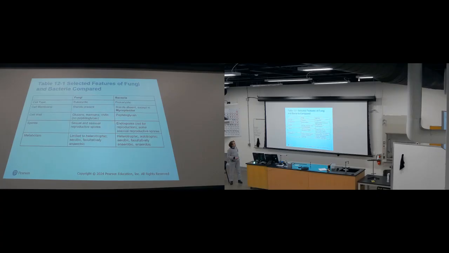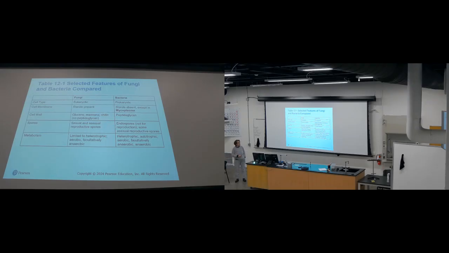If you compare the characteristics of fungi and bacteria, in terms of the membrane, fungi have sterols, and sterols are absent in bacteria with the exception of mycoplasma. If you remember, mycoplasma is the only bacteria that doesn't have a cell wall, and that's why it's pleomorphic, so it can take many shapes.